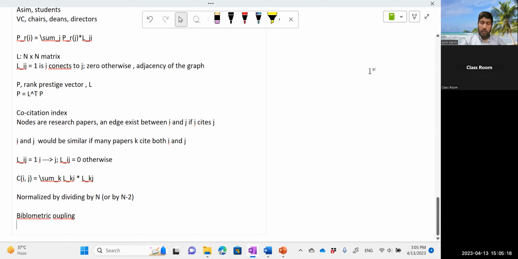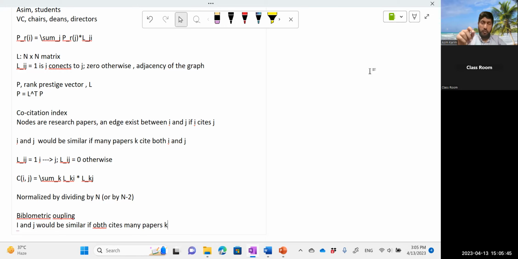So what does that say? i and j would be similar if both cite many papers k. पहले था कि k कोई था वो साइट i और j को कर रहा है. अब हम देख रहे हैं कि i और j दोनों एक ही पेपर साइट कर रहे हैं, इसका मतलब i और j सिमिलर होंगे.